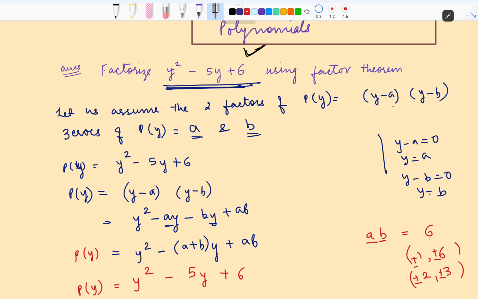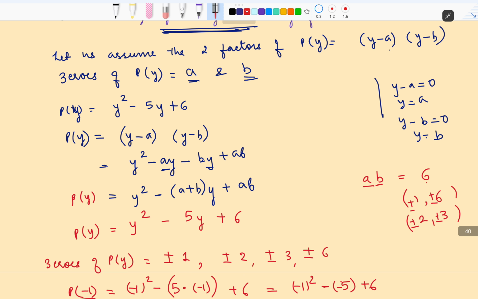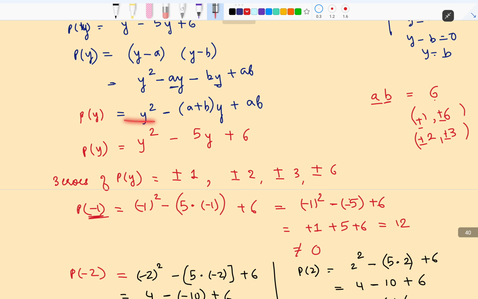अब क्या करते हो? I'll reiterate. You assume the two factors in terms of A and B. वहाँ से आपको zeros मिल जाते हैं, ठीक है? Then you write your polynomial in terms of A and B, and then you draw a parallel between that and your original polynomial. From there you find out your product of A and B is a number.